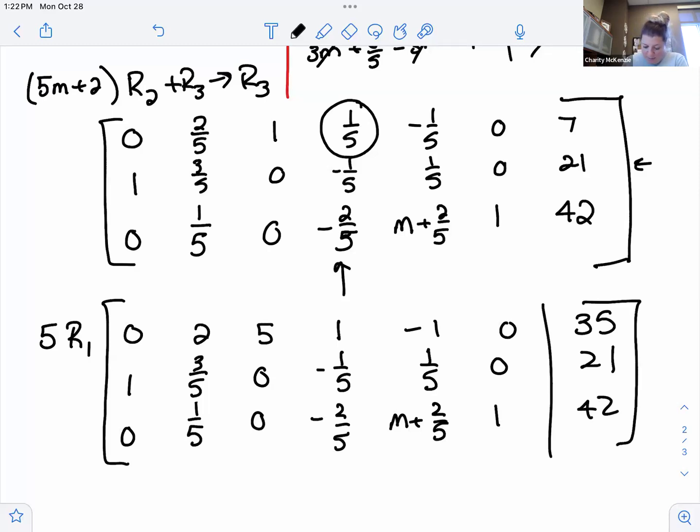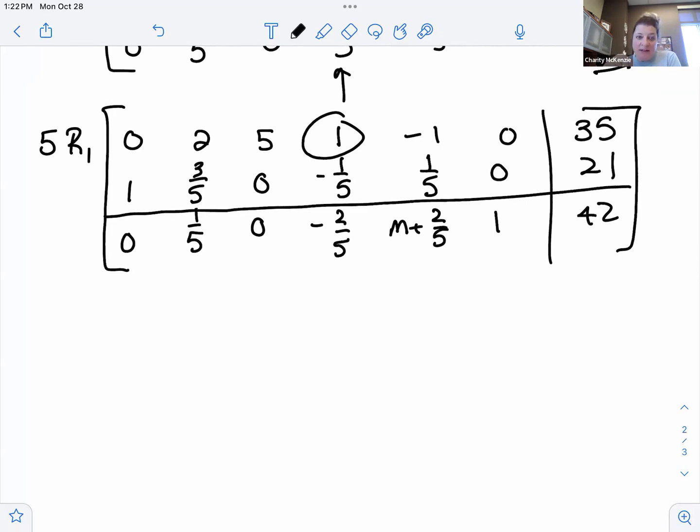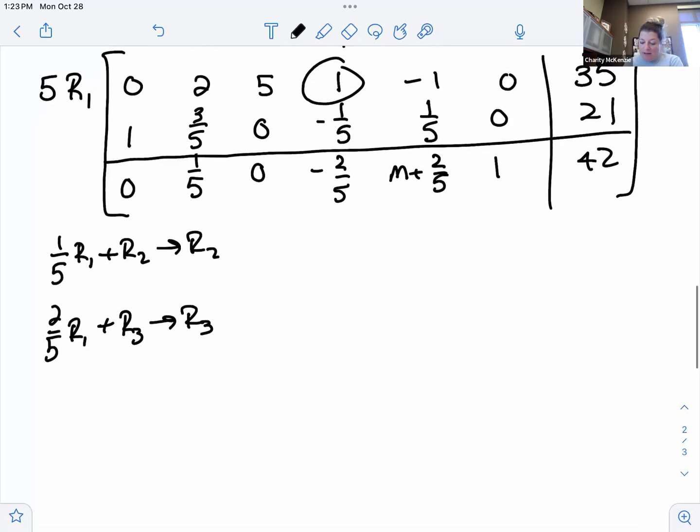And this was our pivot here. Now we're going to have to times that pivot row by 1/5 and by 2/5 and add to those respective rows. So 1/5 times row 1, add that to row 2, replace that on row 2, and then 2/5 opposite sign times your pivot row plus the row that you want the 0 in, replace on the row you want the 0 in.